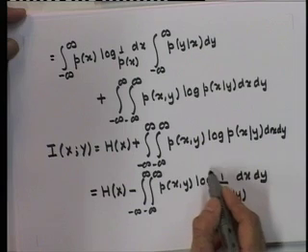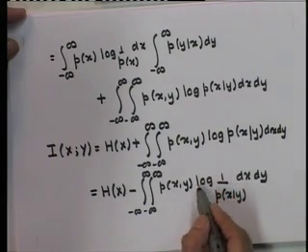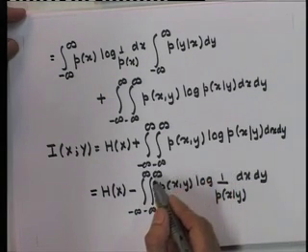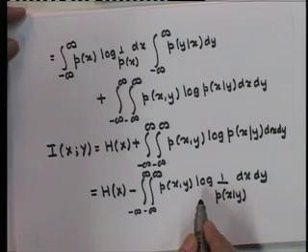This, as we have seen, is the information lost over the channel. So, the average of this quantity is the average loss of information over the channel.